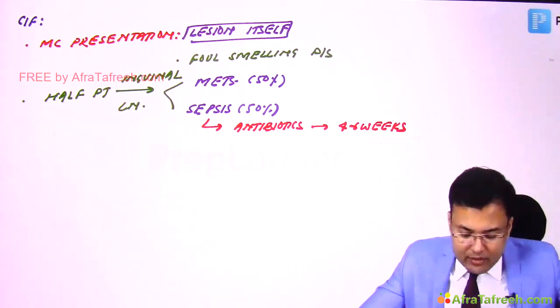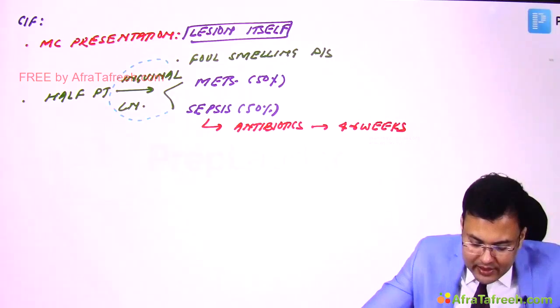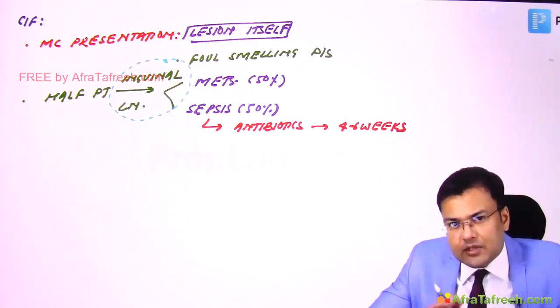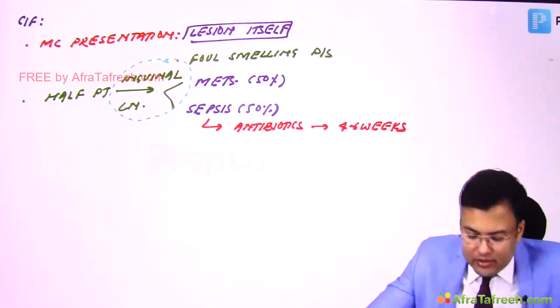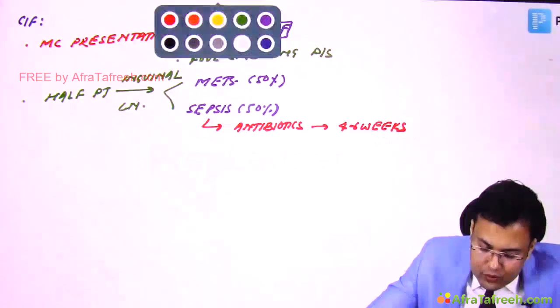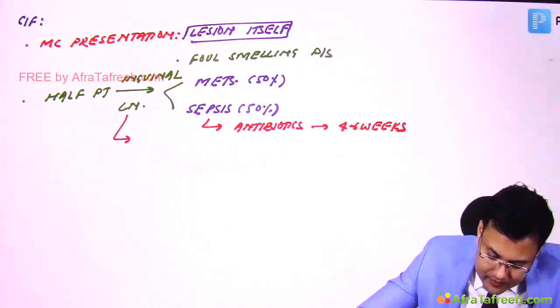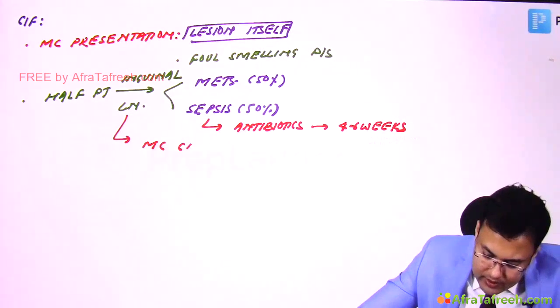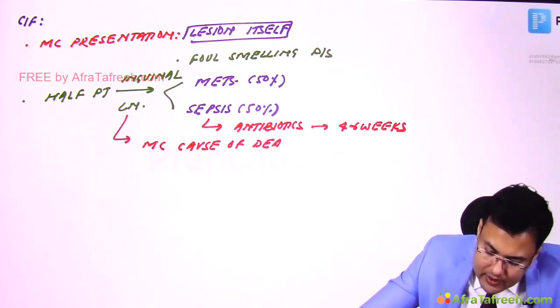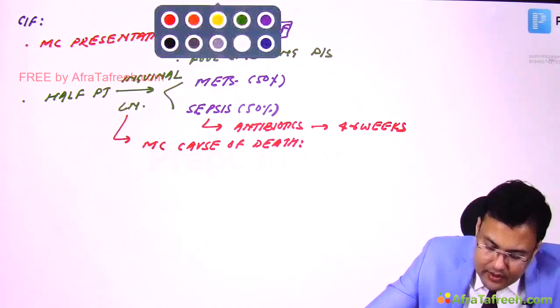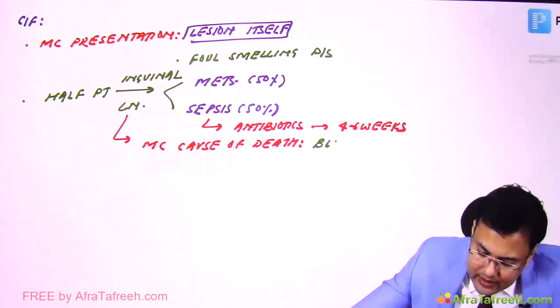Simple. And what is the problem of this inguinal lymphadenopathy? These enlarged inguinal lymph nodes are going to erode the femoral vessels. So what's the problem? Most common cause of death, and that's bleeding. It's bleeding and it's caused by erosion of femoral vessels.